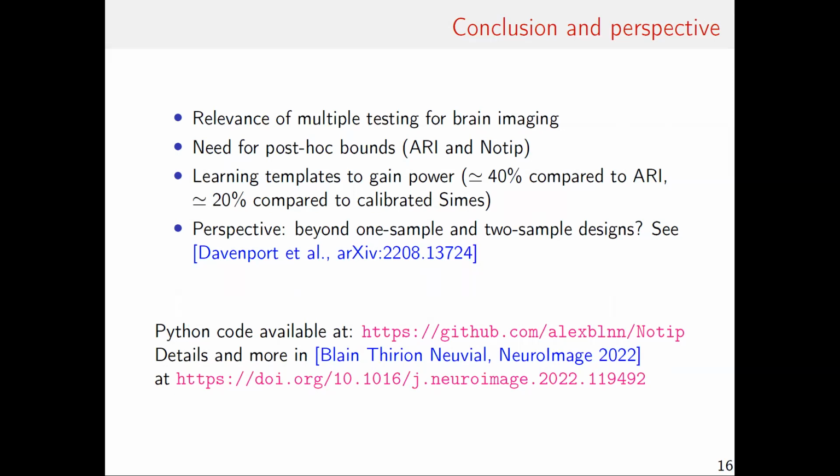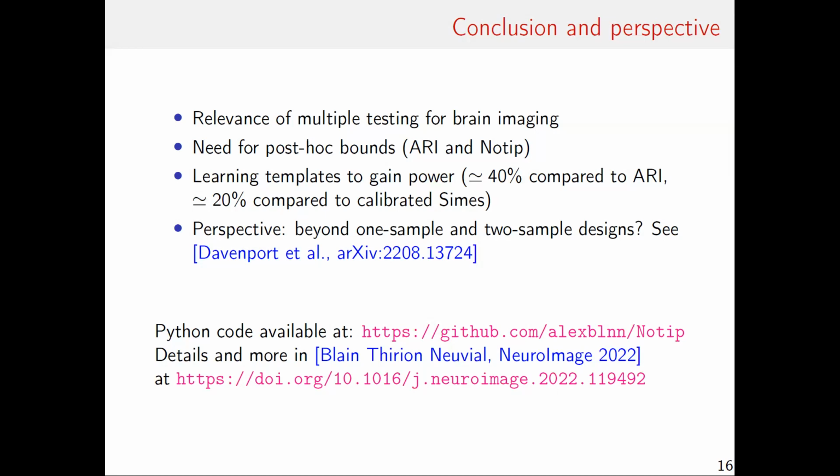With regards to the main contribution of Notip, we have seen that we can adopt a fully non-parametric approach by learning this threshold family t_k and gain a lot of detection power, around 40% compared to ARI.